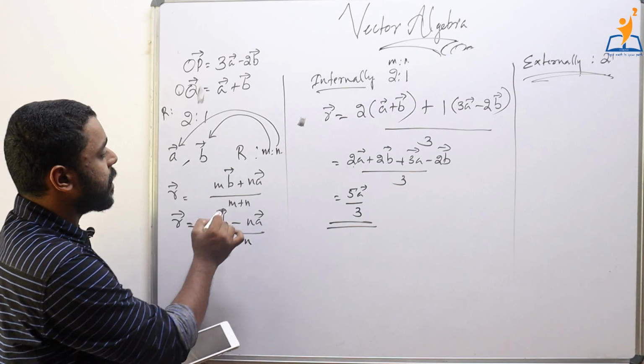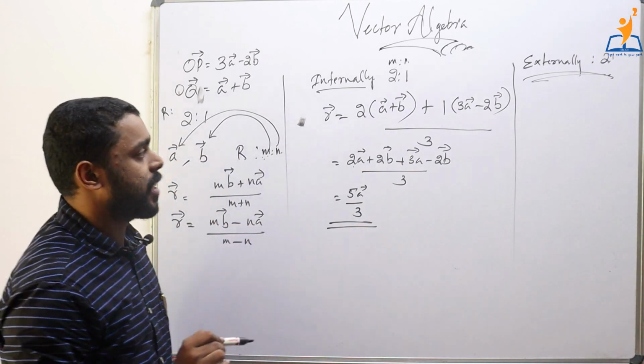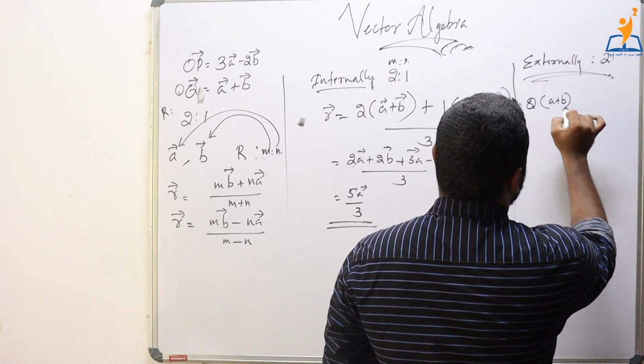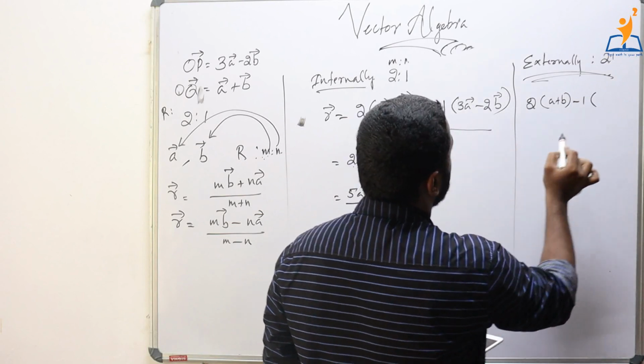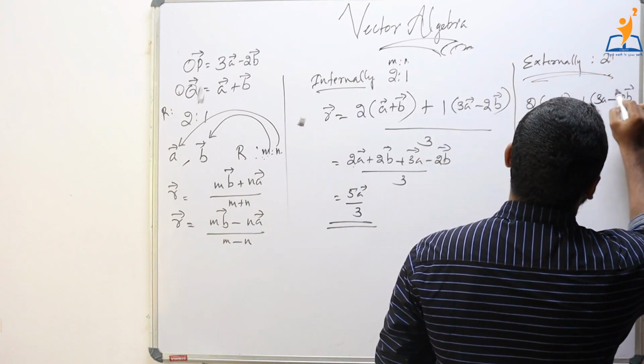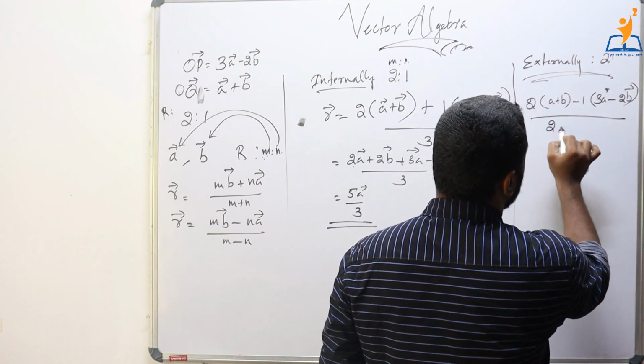Always remember that the first ratio is multiplied by the second vector. So we have 2 into (a plus b) minus 1 into (3a minus 2b), divided by m minus n, 2 minus 1.